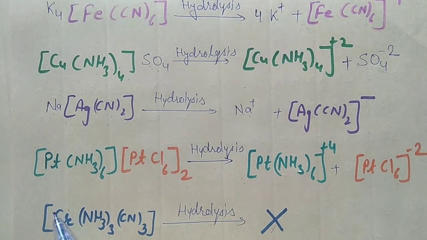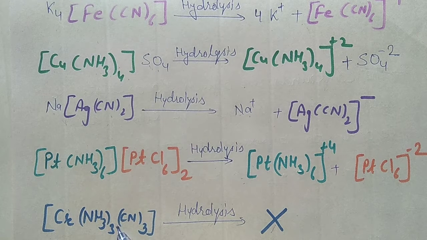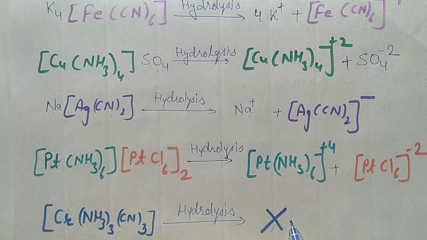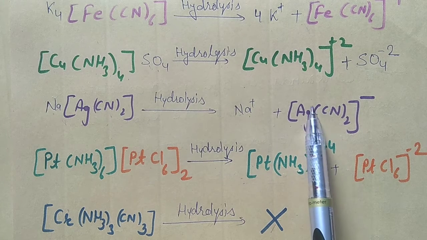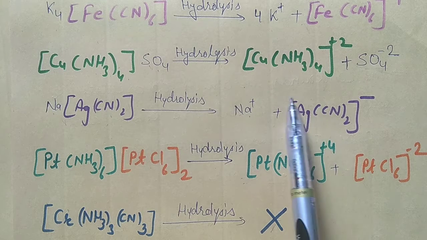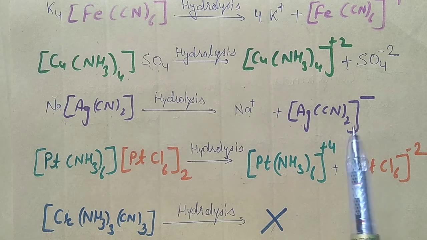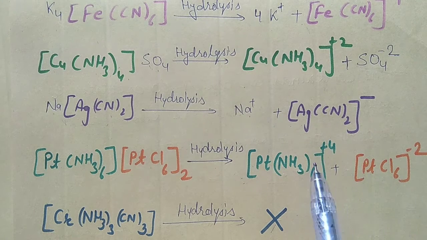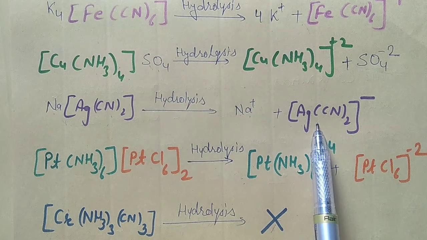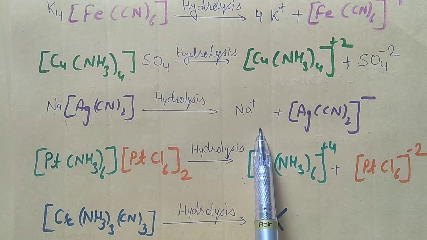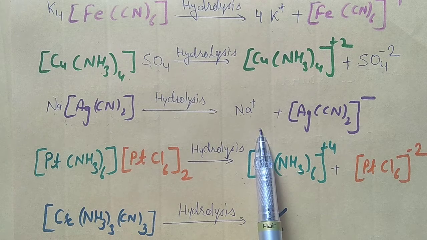Here there is no ion or group outside the bracket, so no ion is obtained. Okay, clear? Ions or metal enclosed in this bracket can't be ionized in water on hydrolysis. This complexity becomes clear in our mind, so these are known as complex compounds. Clear? They are not hydrolyzed completely in water.